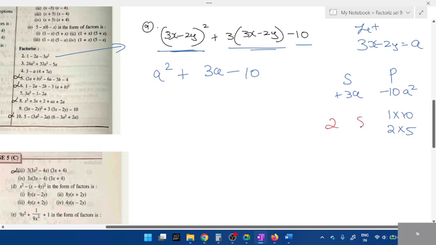No, no, no. Take first 2 and 5. Where do you put the sign, before 3 there is plus. Where do you put that? Before 5. So before 2 you should put minus, only then you'll get plus 3.